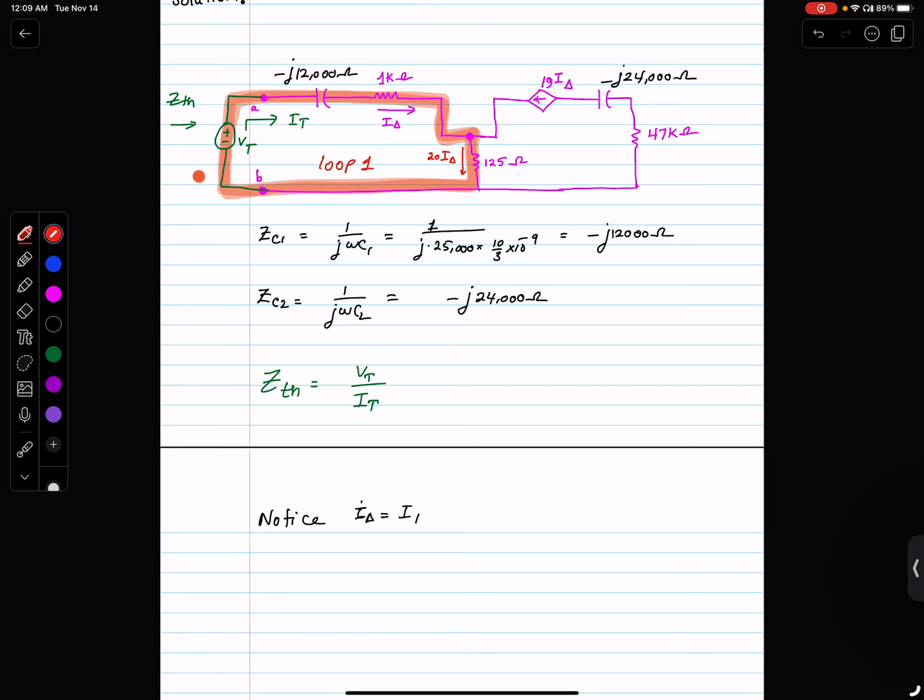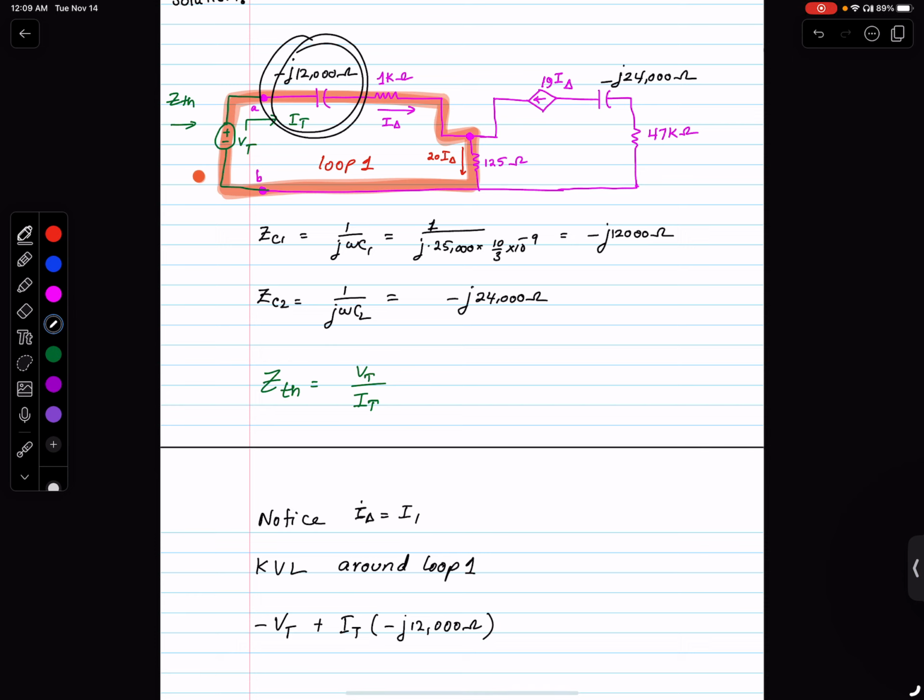Okay, so KCL, I meant to say KVL actually, Kirchhoff's voltage law around loop 1. Okay, start at the bottom left corner. I see a negative V test, and then followed by plus I test into negative j 12,000 ohms, that is coming from this capacitance.